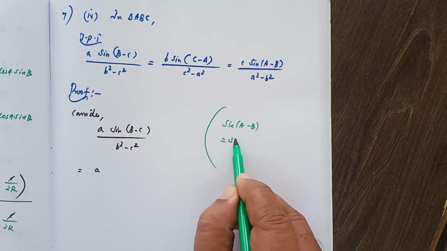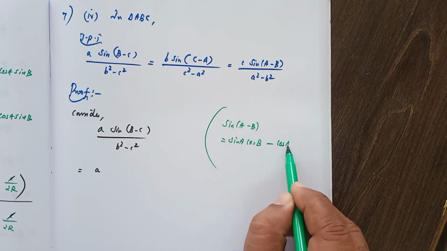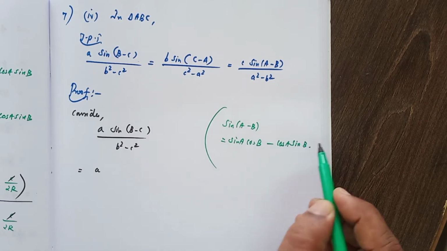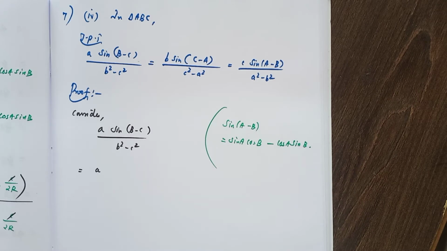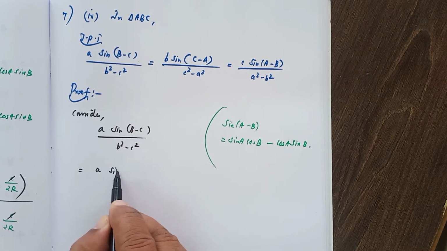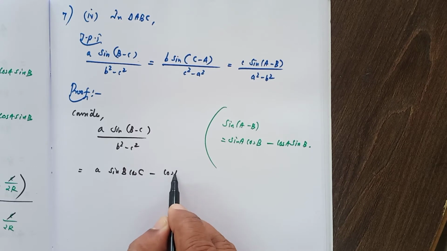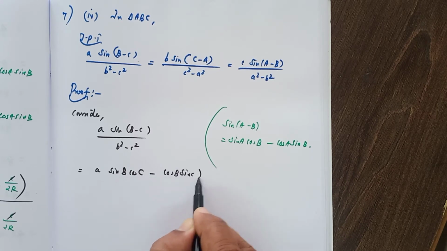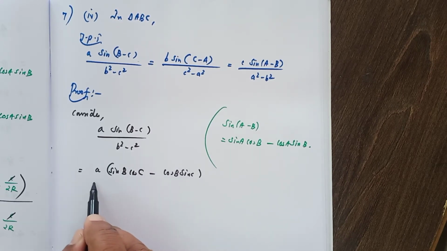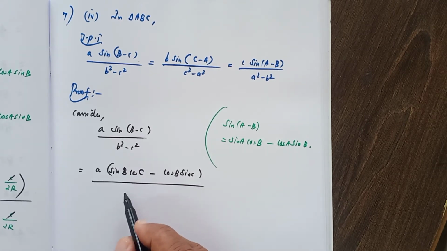Instead of a and b, we have b and c. That is sin B cos C minus cos B sin C divided by b squared minus c squared.